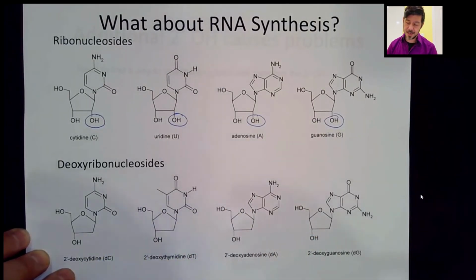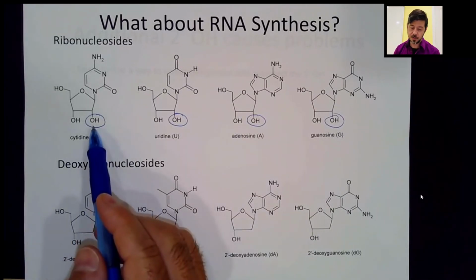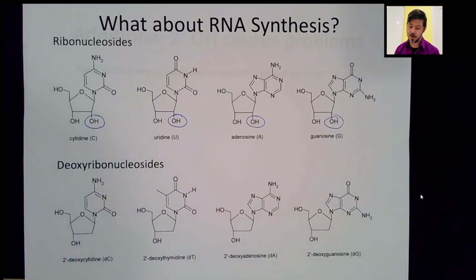So from a chemical point of view, we need to think about how we are going to deal with that 2' hydroxyl group. This 2' hydroxyl group is going to cause some problems because we need to protect it, because if we don't protect it, you can imagine this 2' hydroxyl group will react with other phosphoramidites, and then you'll get side reactions.